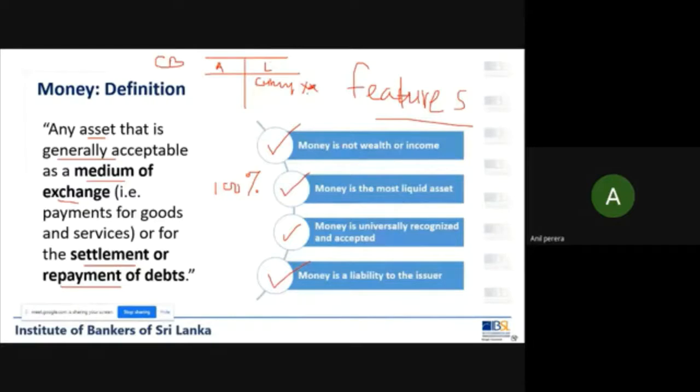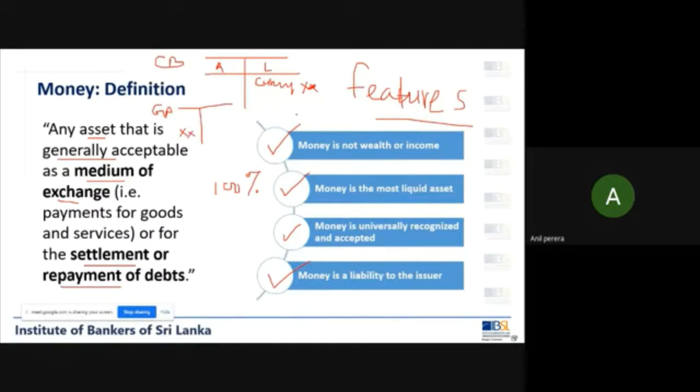Then who owns this asset? If it is a liability to the central bank, in whose balance sheet will it become an asset? In the general public's balance sheets, it will become an asset, right?